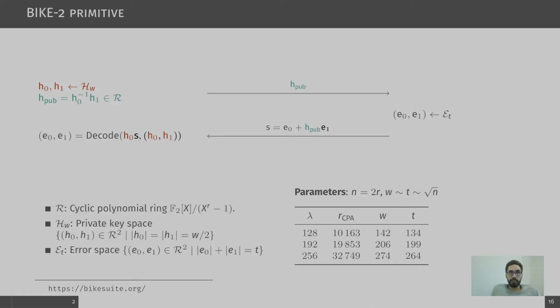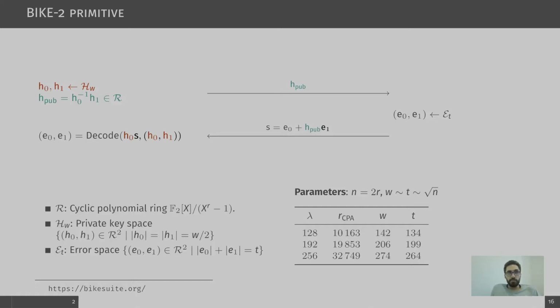Then to generate the public key associated with the private key, you put the matrix in systematic form by simply inverting the first block. When you have a message, which is a vector (e0, e1) that has length n and weight t, where t is about the square root of n as well, to encrypt this message, you compute the syndrome that it gives with the public key.